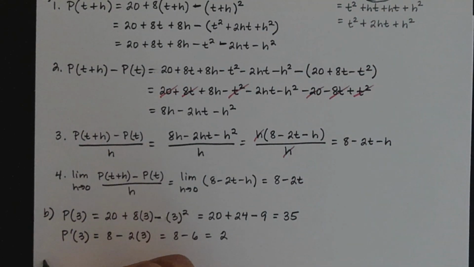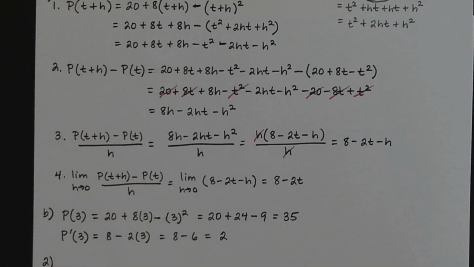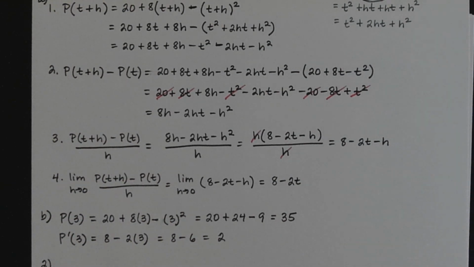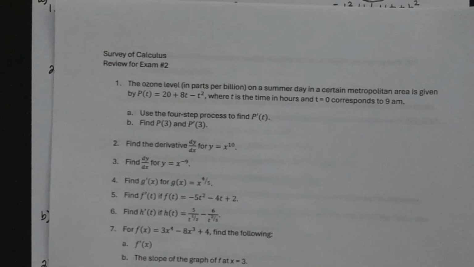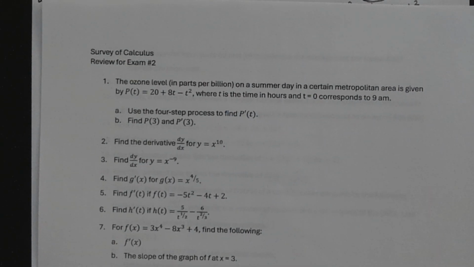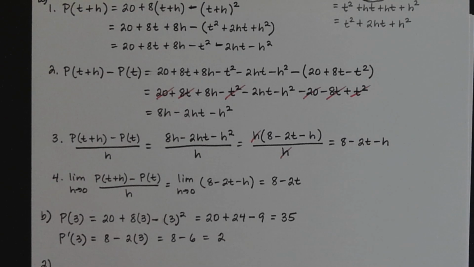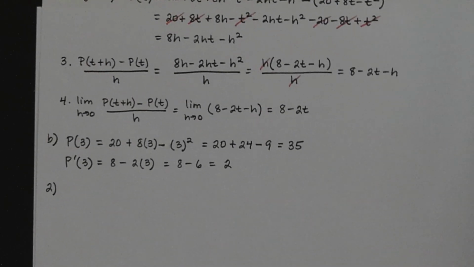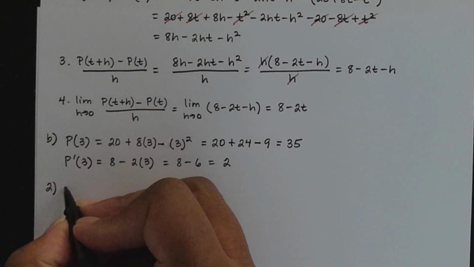Okay, problem number 2 is this. Find the derivative, or dy dx, for y is equal to x to the 10th. Okay, so in this case here, we got y equal x to the 10th.